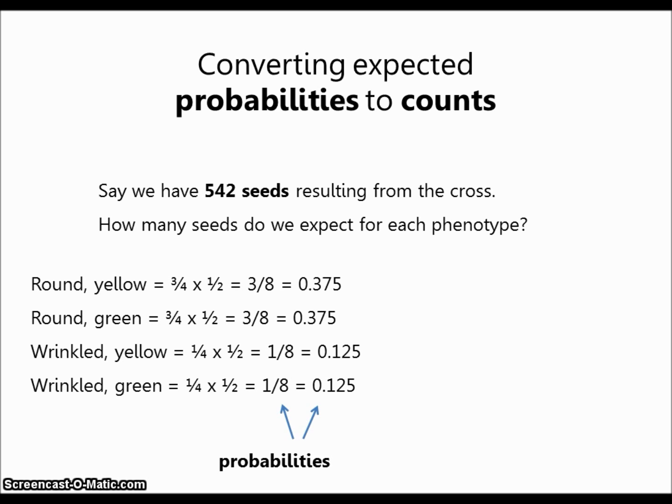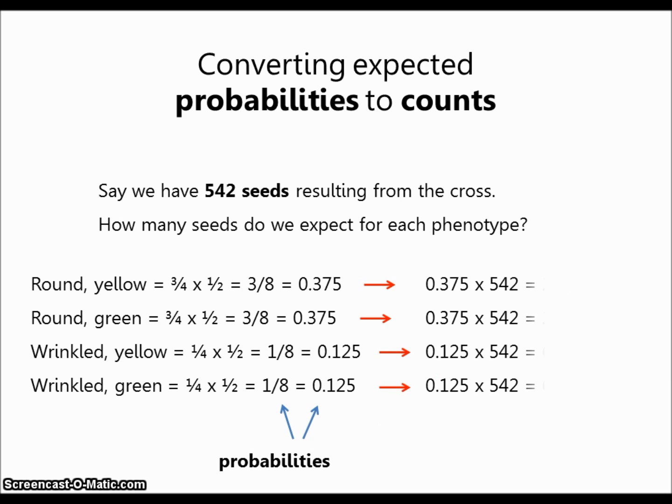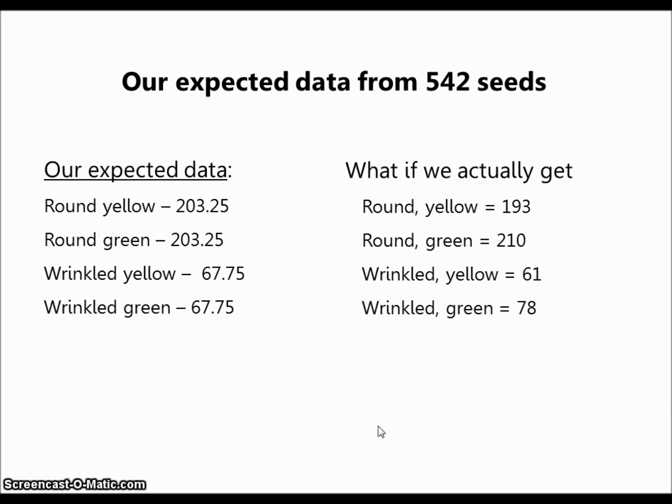Remember also that probabilities can be expressed as a fraction or as a decimal, same thing. From these probabilities, all we do is multiply each of them by the total number of 542 seeds to get our expected counts. Okay? So now we have our expected counts, which are our expected data.